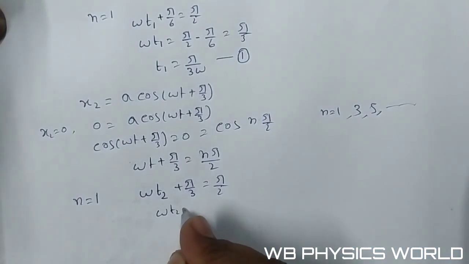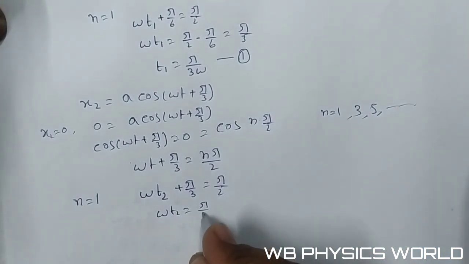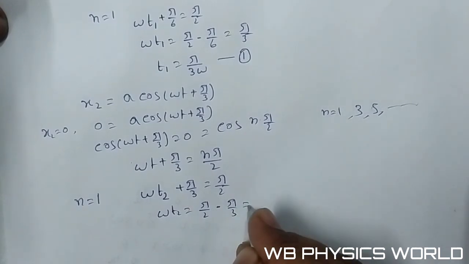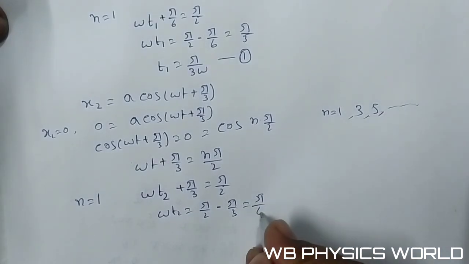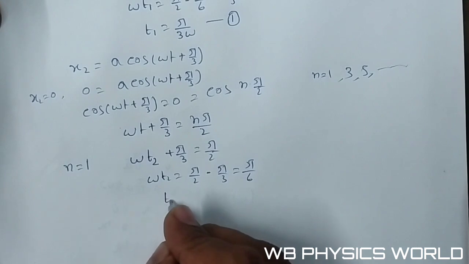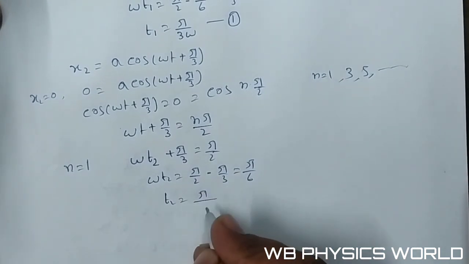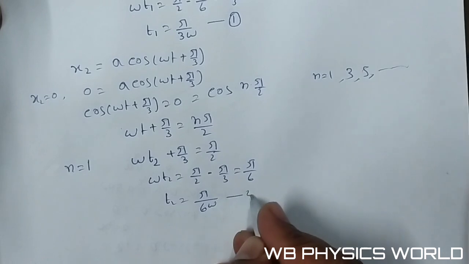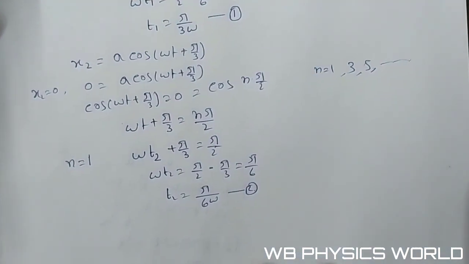So omega t2 equal to pi by 2 minus pi by 3 equal to pi by 6. So t2 equal to pi by 6 omega.